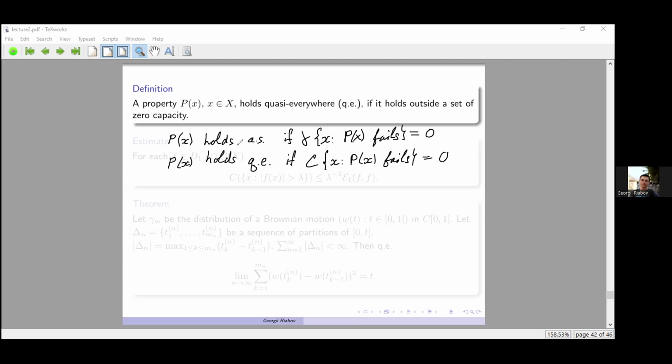In particular, if some property holds quasi everywhere, then it holds almost surely.